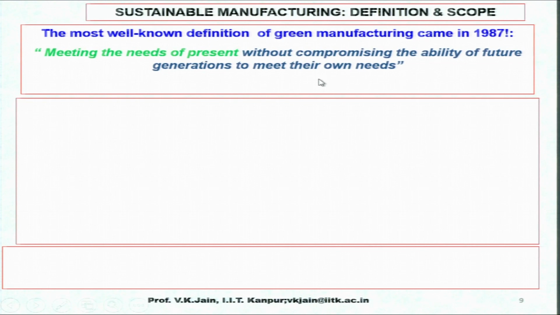This is very important. You should not play with the environment so that your future generation suffers a great deal. So you have to take care of the interest and benefits of your future generation, not only your own generation.